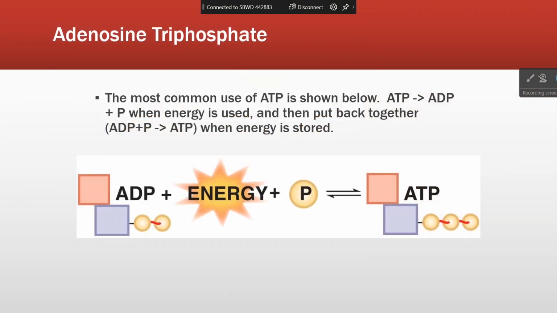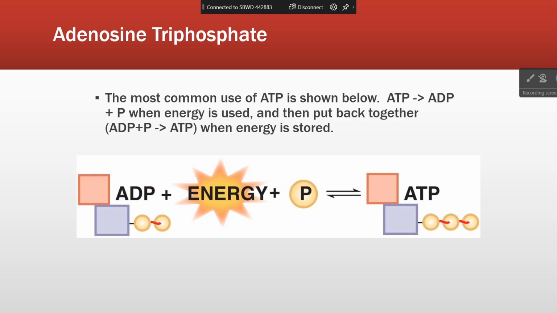The most common reaction that's seen in the body that releases energy is this, where we take ATP and we break it into ADP and P, and energy is released. Now, the beauty of this system is it's reversible. If we put energy back in, ADP can be added to P and we get an ATP again. So this is very efficient.